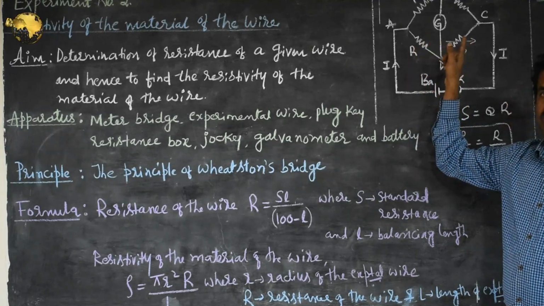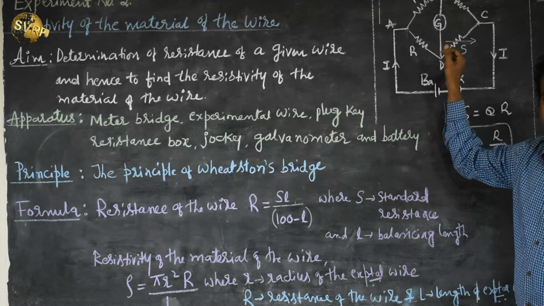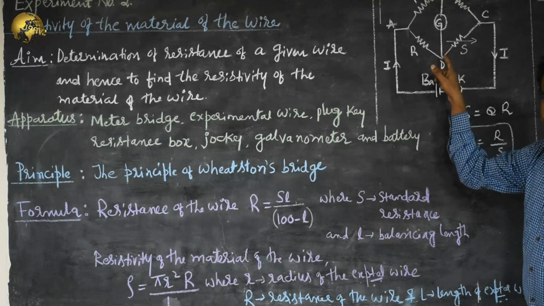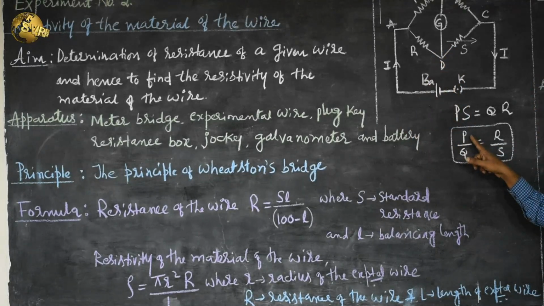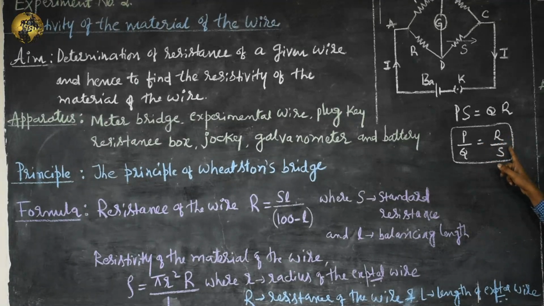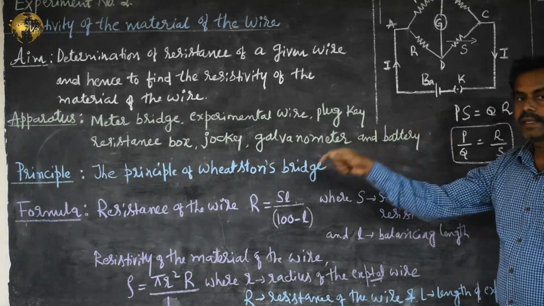When the current through the galvanometer is 0, the bridge will be balanced and the ratio of resistors P by Q is equal to R by S. So this is the principle involved in this experiment.